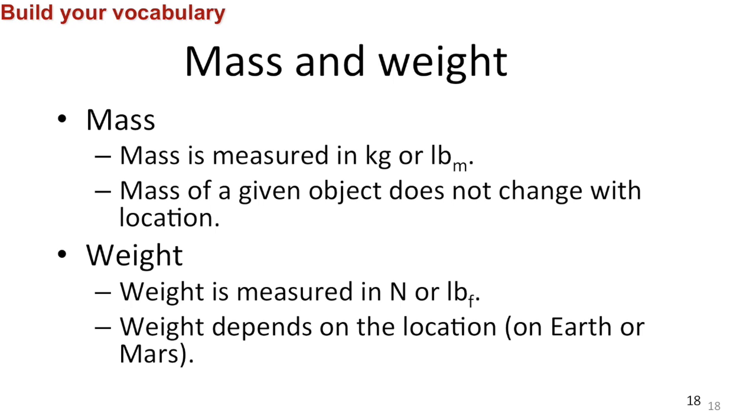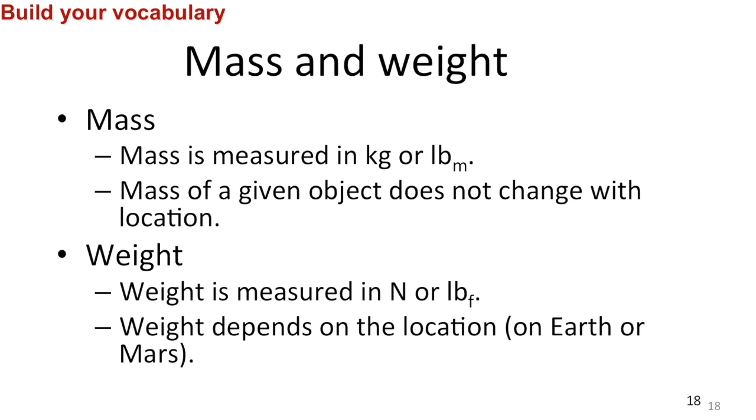Okay, mass and weight are often confused. Now, in the SI system, the mass unit is kilogram or kg. In the USCS system, you have to specify whether you're talking about mass or force by adding a subscript to the pound symbol. If you're talking about the pound mass, you add an m subscript.